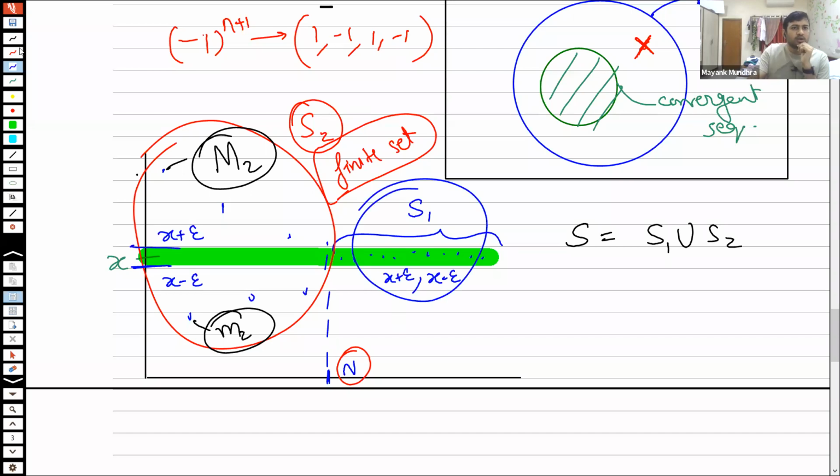To club everything I've done till now: all elements in set S1, which is this infinite set, are going to be inside the interval x minus epsilon to x plus epsilon. And all the elements in set S2, which is finite, are going to be between small m2 and capital M2.